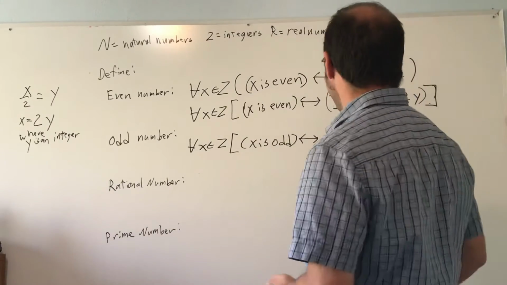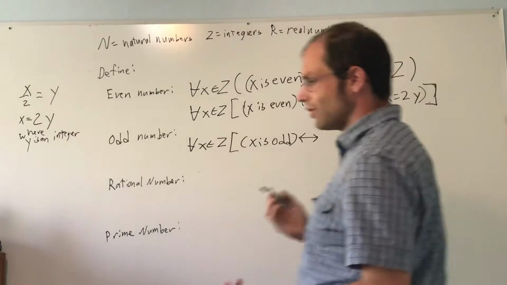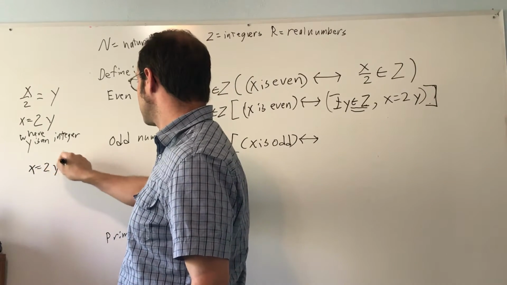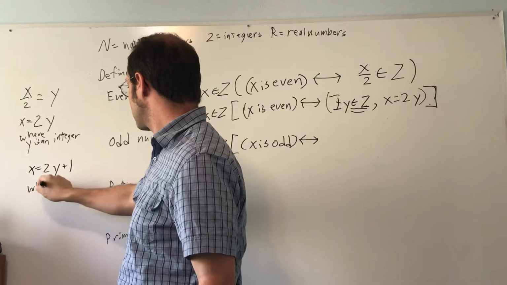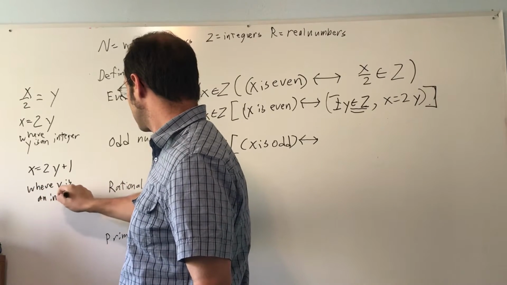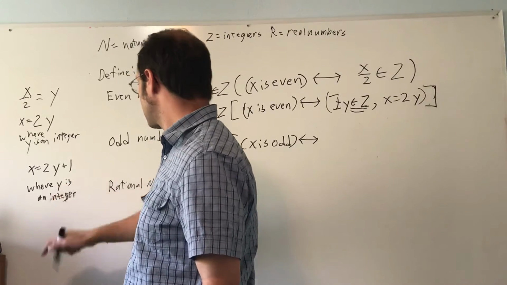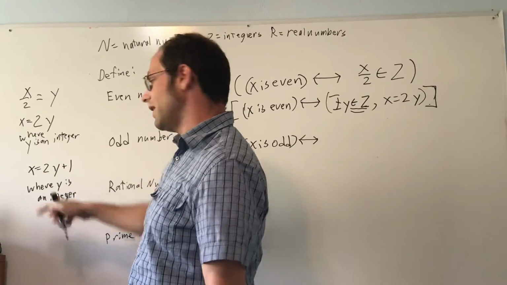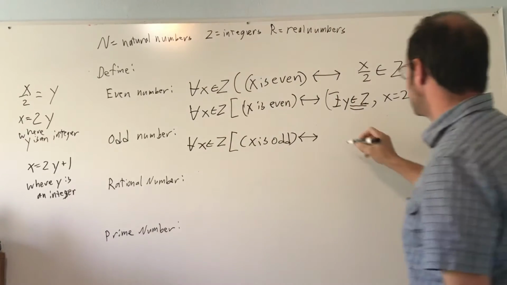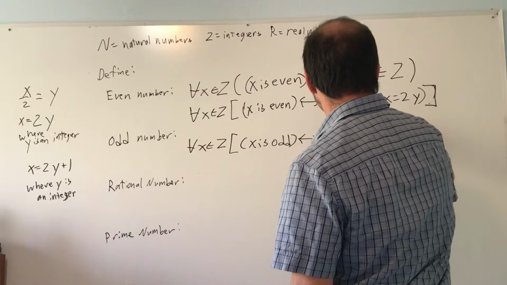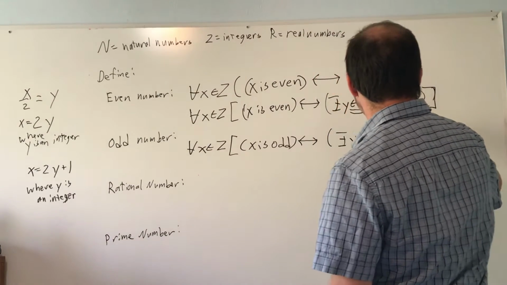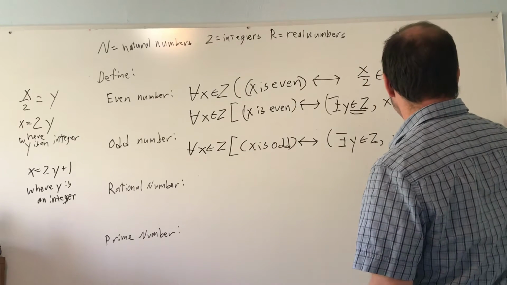So you could have that x is equal to 2 times y plus 1. So if y is an integer, then 2y plus 1 is an odd integer. All right? So we could say there exists y in the set of integers such that x is equal to 2y plus 1.